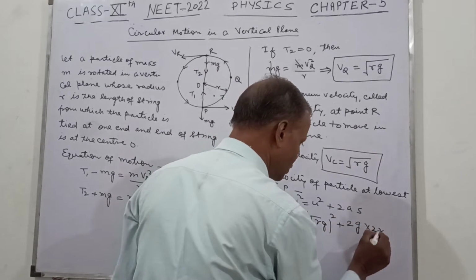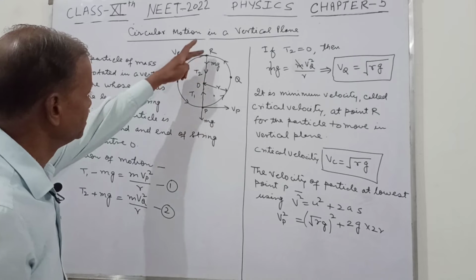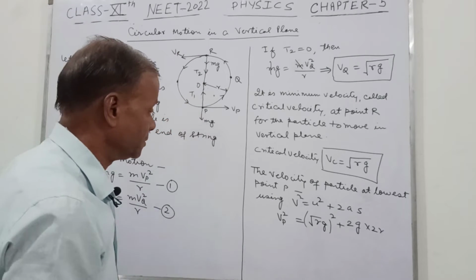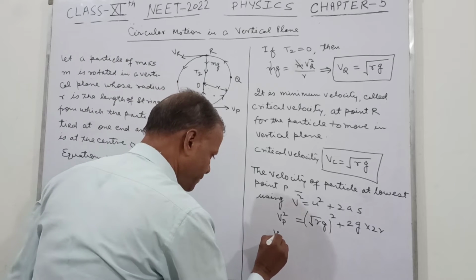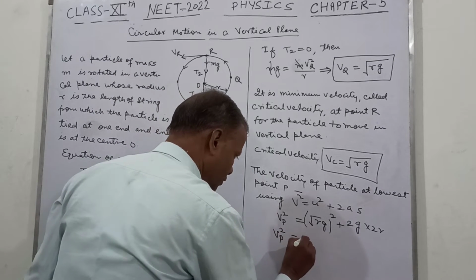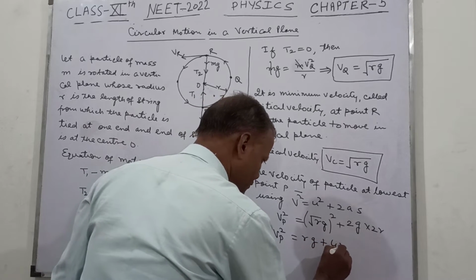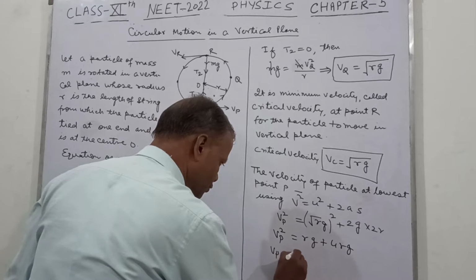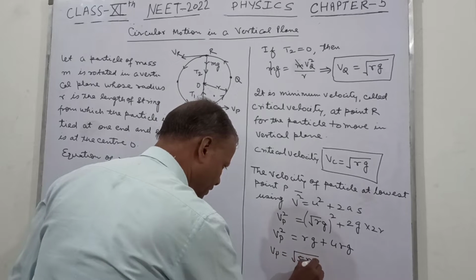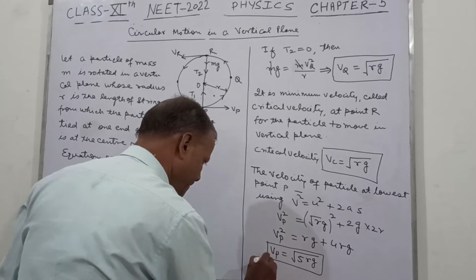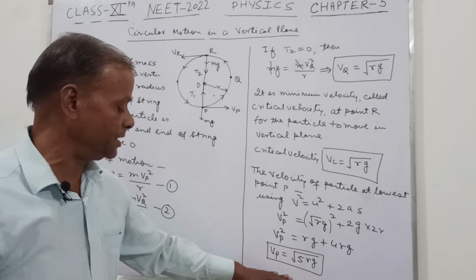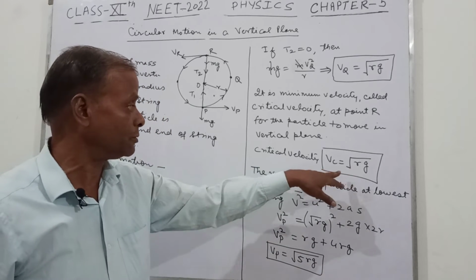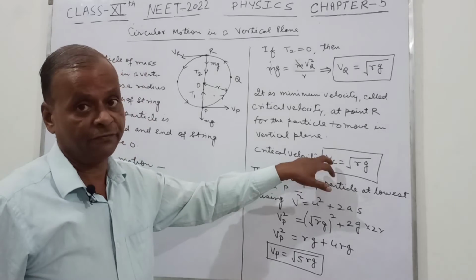This is equal to 2r, because this displacement is equal to 2r, the diameter of the circular path. So vp square equal to rg plus 4rg. So vp equals square root of 5rg. This so much is the speed at the lowest point. So this velocity is just square root of 5 times this critical velocity.